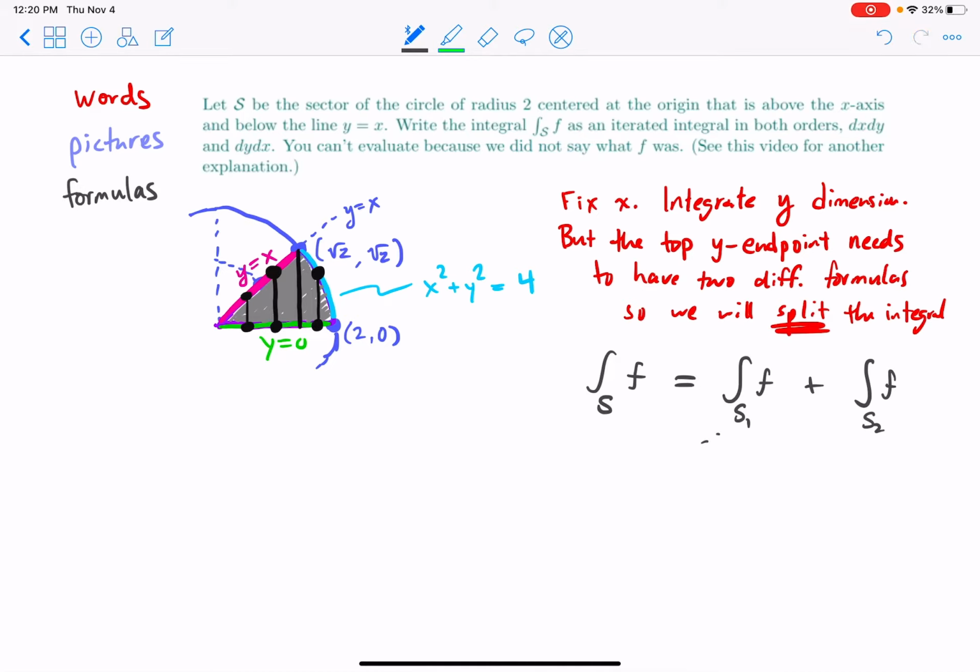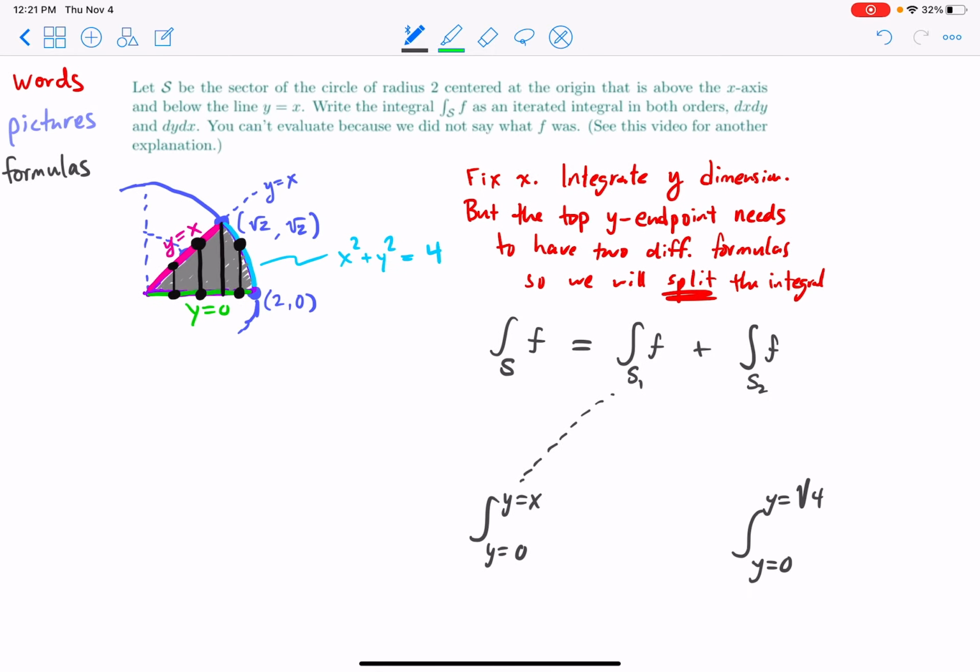My first integral will have y go from 0 to y equals x, because that's the green to the pink. And my second integral will go from y equals 0 to y equals square root of 4 minus x squared, which is the green to the blue. And that's how I'll at least start.